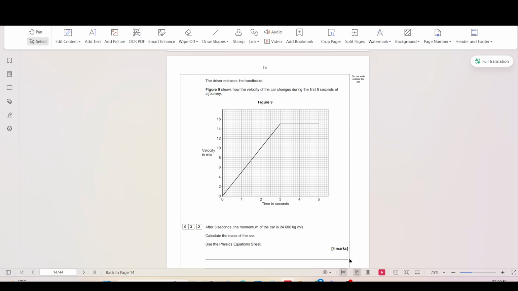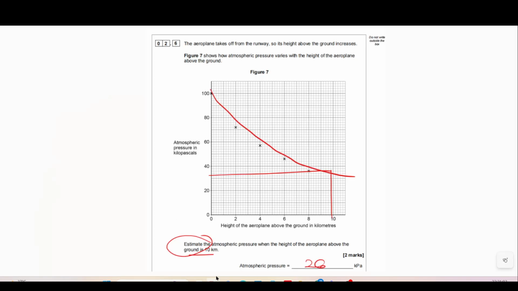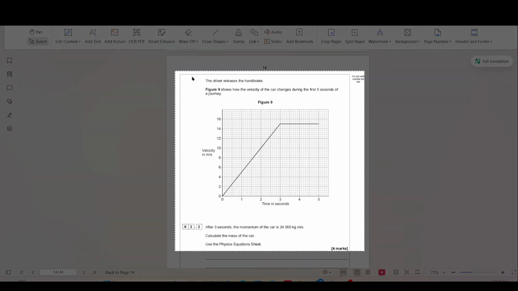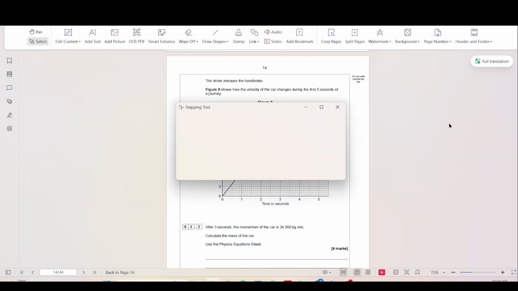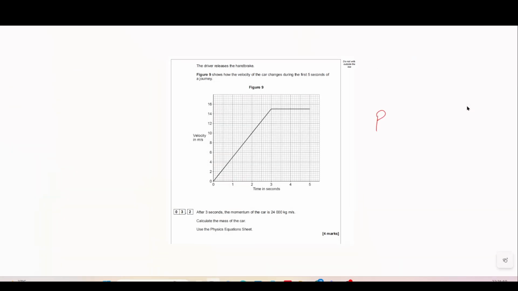Mass, momentum, velocity. So momentum equals mass times velocity.